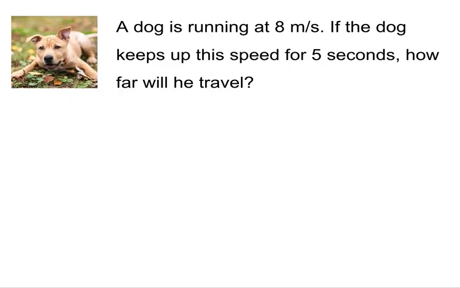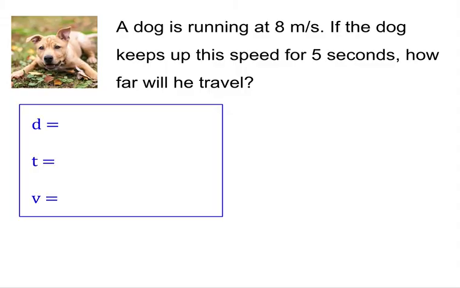There's something very different here. A dog is running at 8 meters per second. So the 8 meters per second is already the speed. We've been given the value of speed. So this is going to have to be done a little bit differently. We are looking for how far the dog travels. We are looking for D. So the 8 meters per second is our value of V, the speed or the velocity.